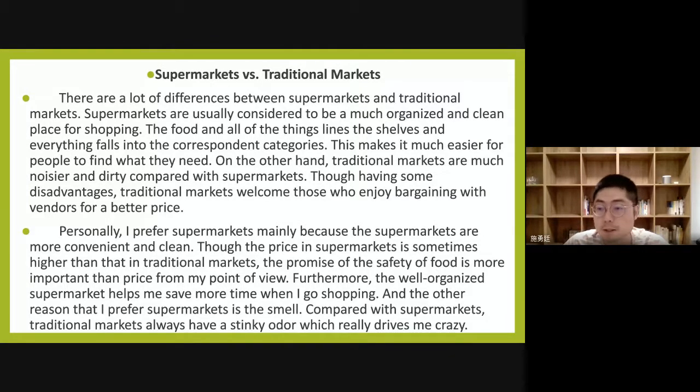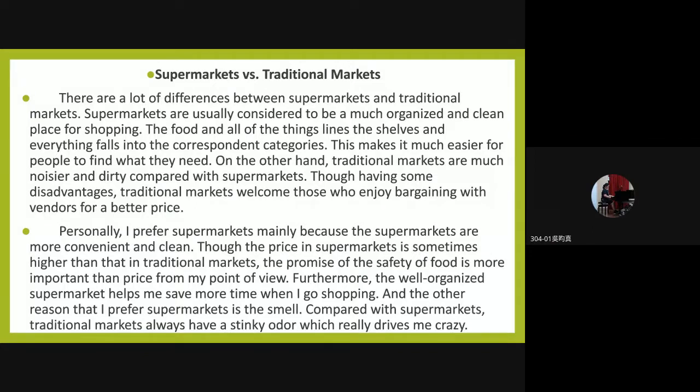There are a lot of differences between supermarkets and traditional markets. Supermarkets are usually considered to be a much organized and clean place for shopping. The foods and all of the things line the shelves, and everything falls into the corresponding categories.